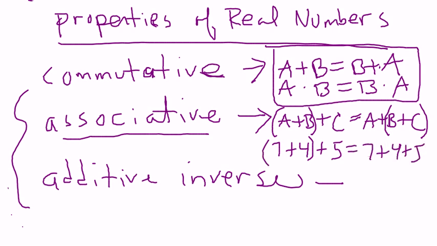Well, here 7 plus 4 is 11, and 11 plus 5 is 16. And here 4 plus 5 is 9, and 9 plus 7 is also 16. So 16 equals 16. Aha! It appears to be true for addition. Turns out it's also true for multiplication.